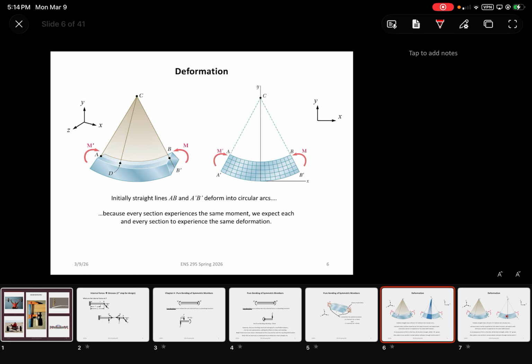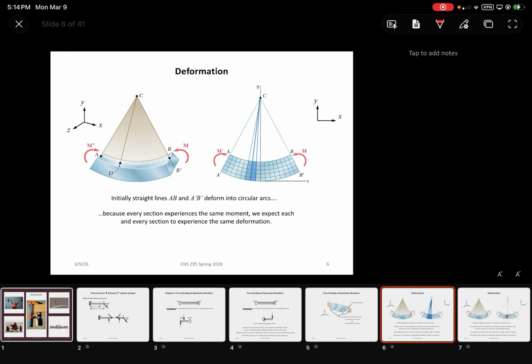So because this section experiences the same moment, it's an infinitesimal moment, so we assume that there's no fluctuation at all. Not to mention, again, pure bending is when the bending moment is constant at a particular point.